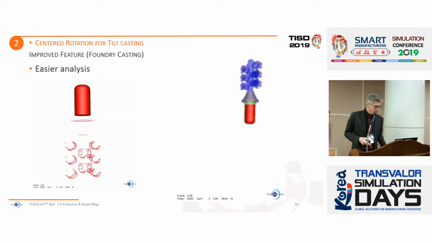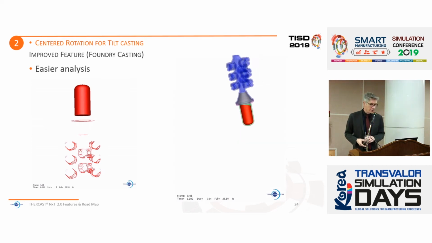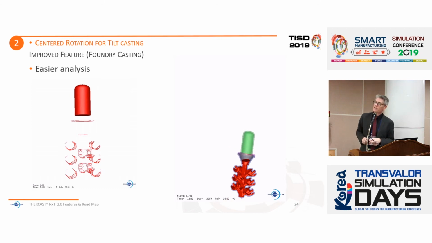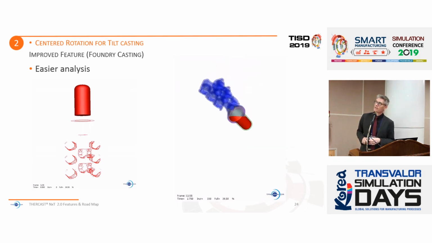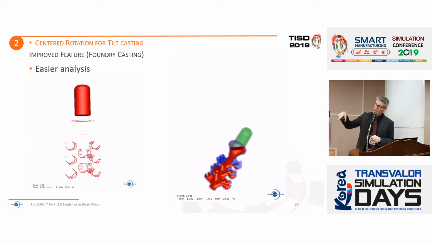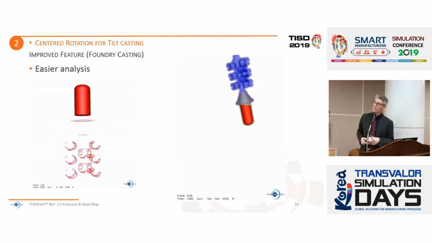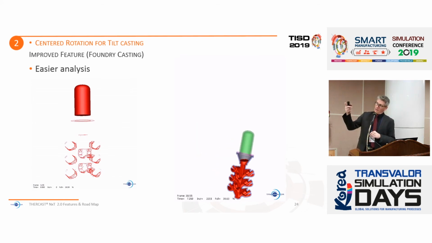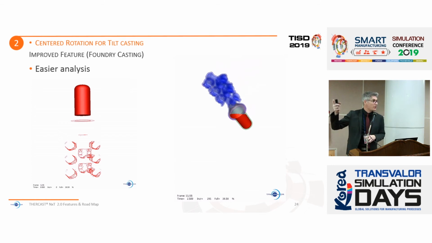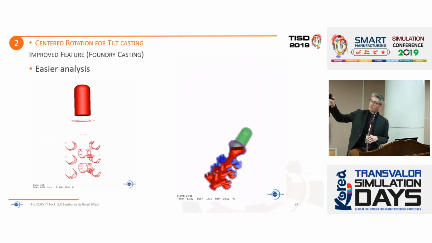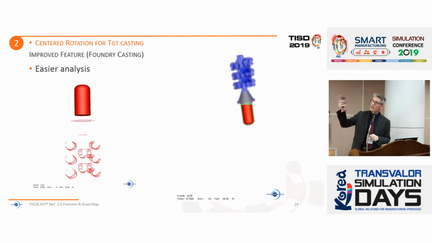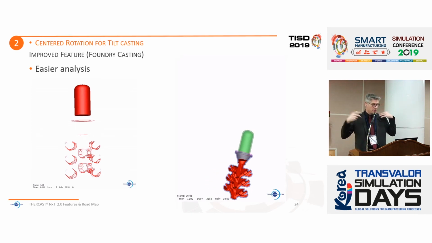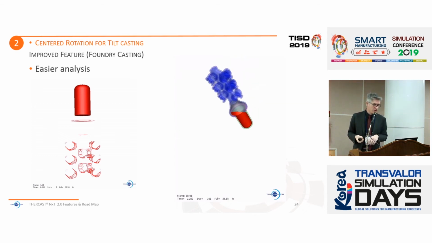Another one, which is also quite interesting, is for example if you have this process, tilt casting in an investment casting process. As you can see, we fill the mold by the rotation of the complete system of the different objects, which is very nice and represents reality. But if you want to study precisely how the fluid flow is going into the mold, it's not that easy, because you need to reset the point of view each time.